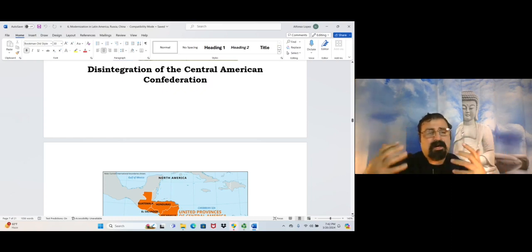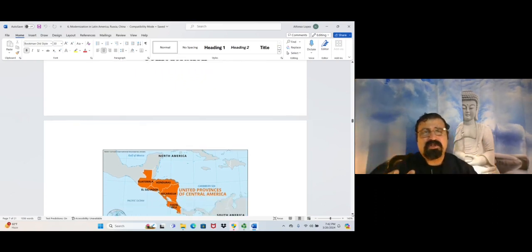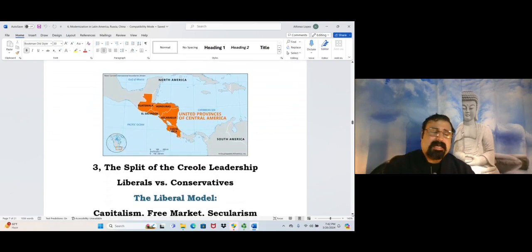Remember that Mexico encompassed a vast territory that included Central America as well. Initially, that was part of Mexico. And what we see is, with the absence also of the monarchy, this disintegration also of the Mexican republic, in that the Central American regions were controlled by different landlords and landowners.